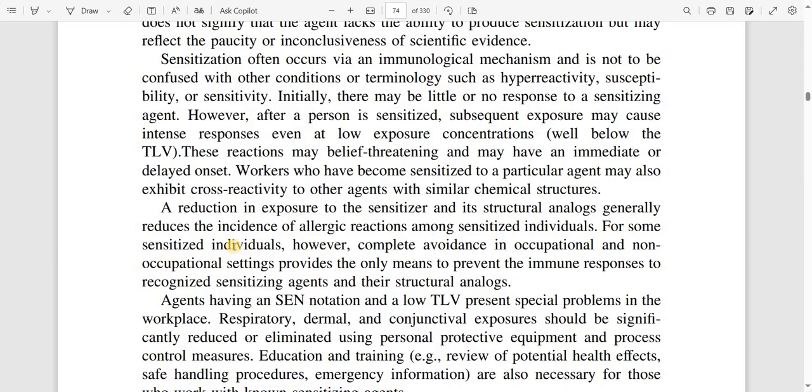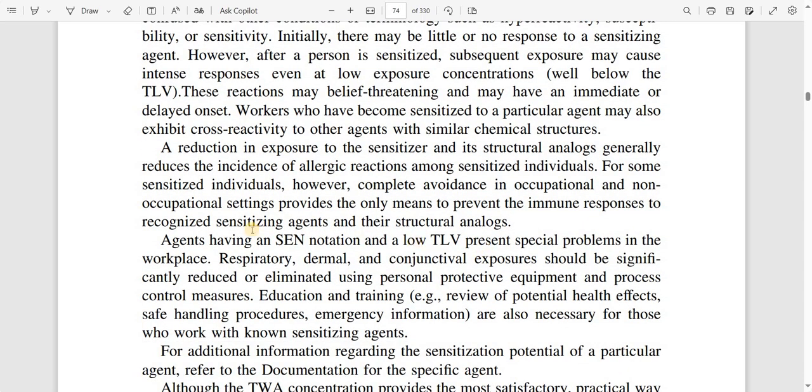For some sensitized individuals, however, complete avoidance in occupational and non-occupational settings provides the only means to prevent the immune response to recognize the sensitizing agent and its structural analogs.